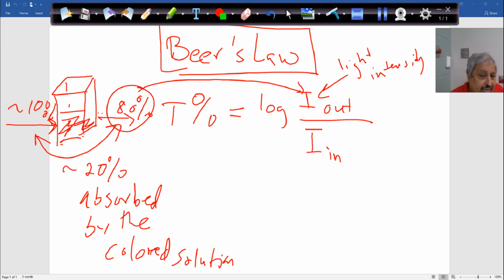This is called the percentage transmittance.